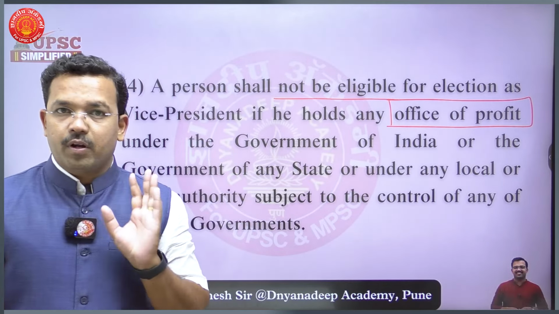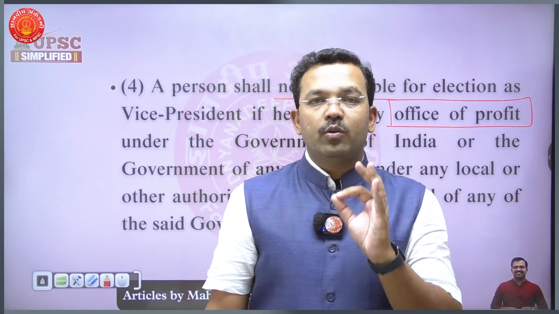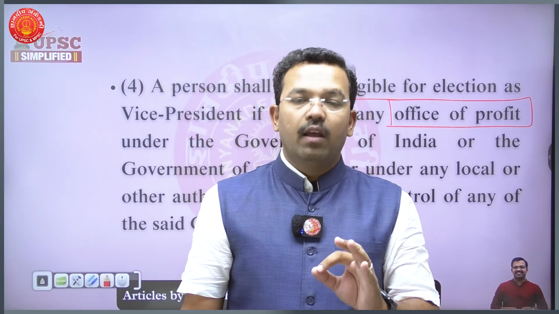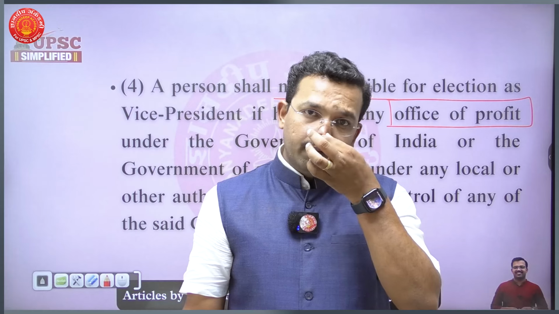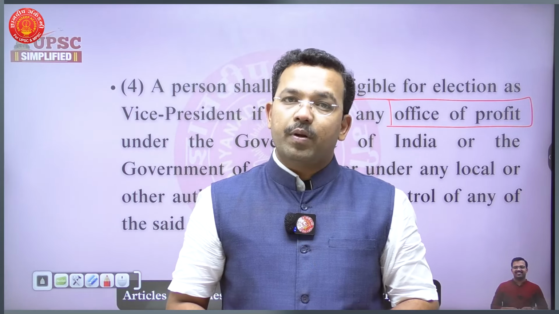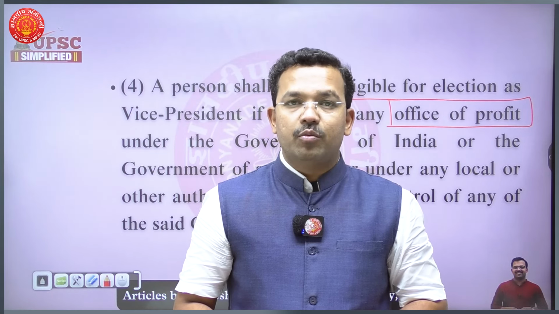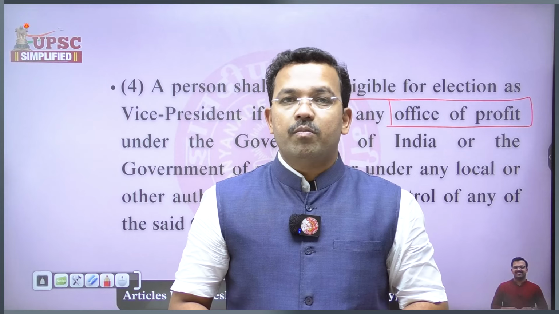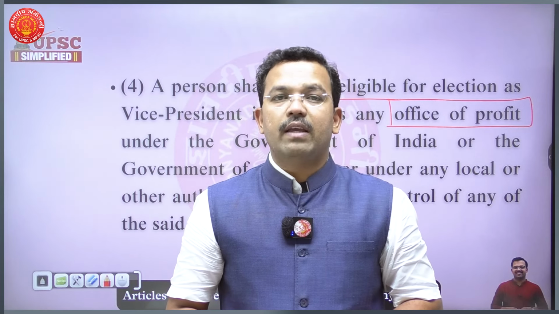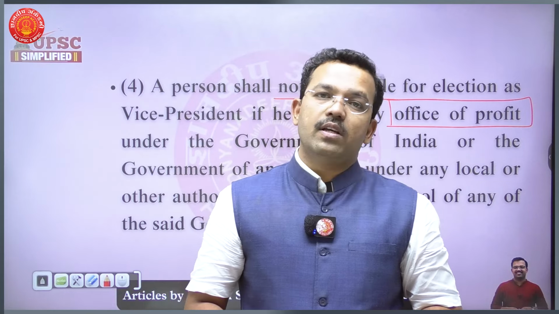So, what is an office of profit? In simple terms, an office of profit is an office where you get money, where you get salary, where you get emolument, and where it is felt that this particular office might compromise your duties toward the Constitution, your duties towards Parliament, your duties towards the people of India, and you might misuse your position to give benefit to the source of your salary, money, allowances and emolument.